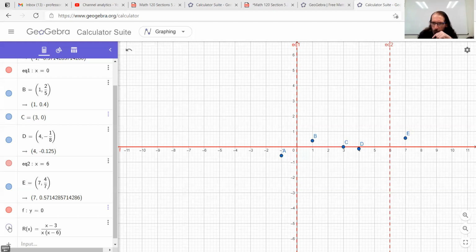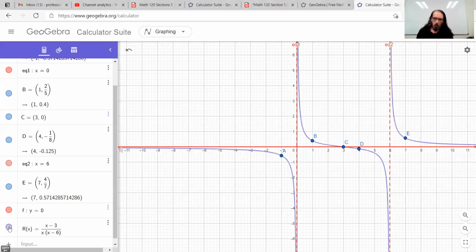When we fill in the rest, we're getting enough information that on the lower left, we're going to see a piece like this, the upper right, a piece like this, and then in between, a piece between the vertical asymptotes looking like this. Don't worry about the fact that the horizontal asymptote is being crossed at 3, 0. The end behavior we see on the far left and the far right, that this is flattening out. The y values are getting closer and closer to 0.